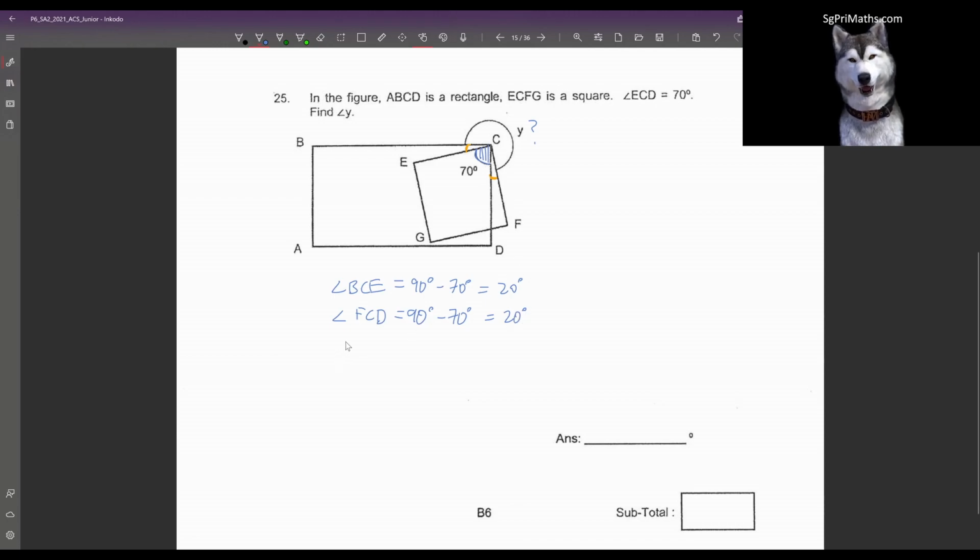Now we will be able to find angle Y, which is the angle around a point at C: 360 degrees minus 70 degrees minus 20 degrees minus 20 degrees. That will give us 250 degrees.